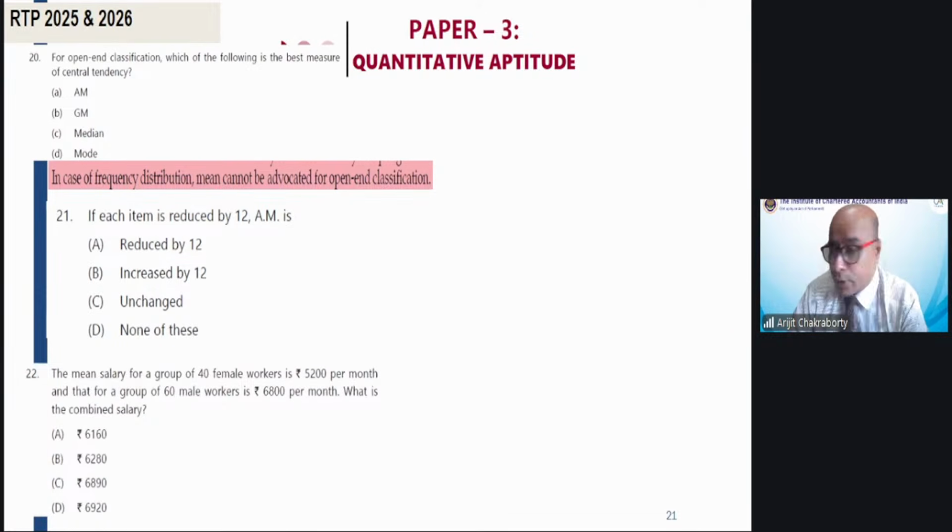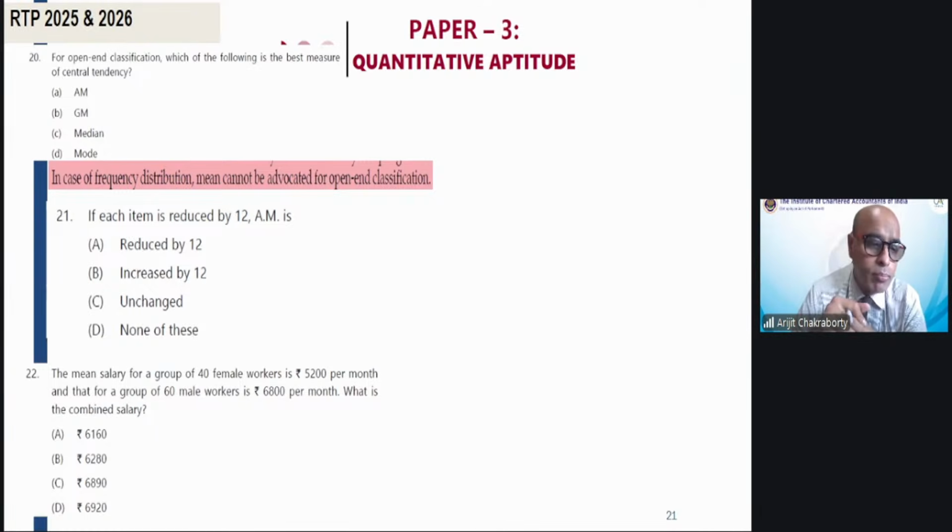The 22nd question on this slide: the mean salary of a group of 40 female workers is given, and for a group of 60 male workers is given. What is the combined salary? That means two groups, N1 and N2, are given. N1, that is female, is 40, and the mean is 5,200. And N2, that is male workers, is 60, and the average for the male workers is 6,800.